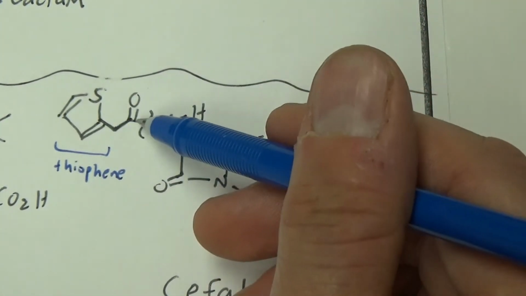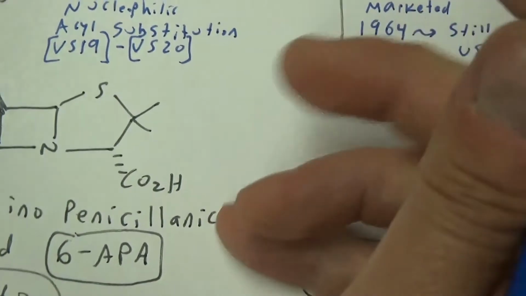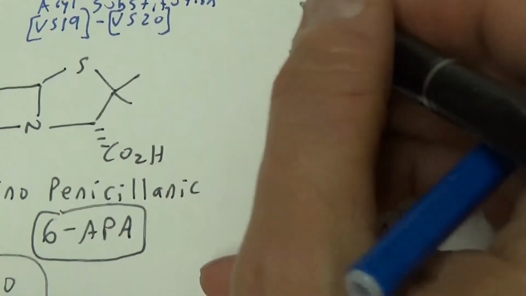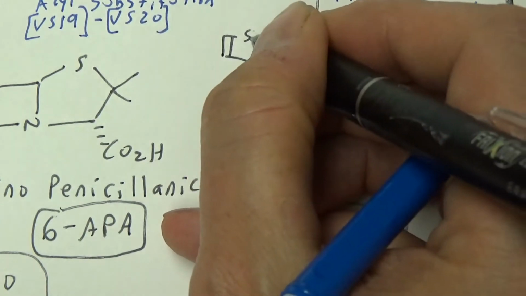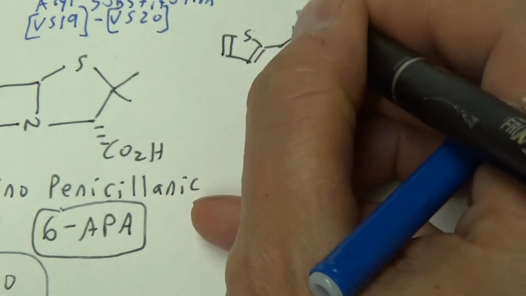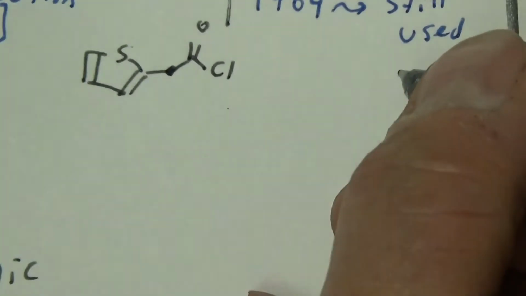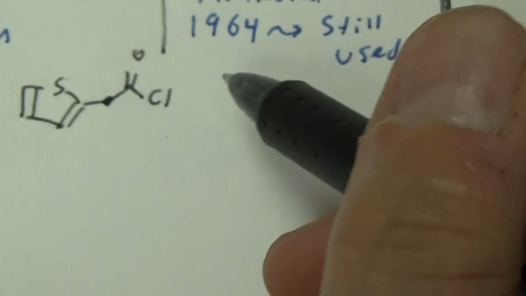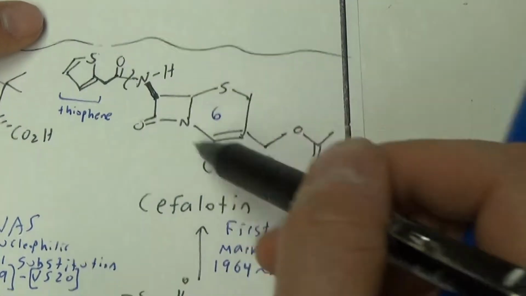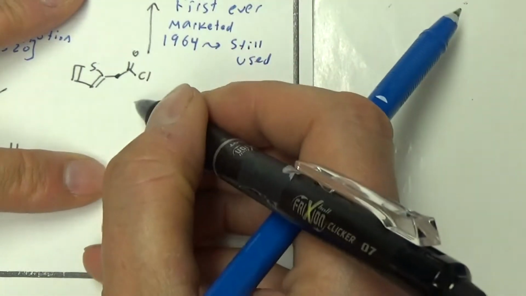Thiophene has got CH2, and then basically we'll draw an acid chloride. So there we are, and you can see the CH2 right there. That's the electrophile, the thing that's going to get attacked, and then the nucleophile is going to be the right side of this. That's what the 7-ACA is. So it's H2N.